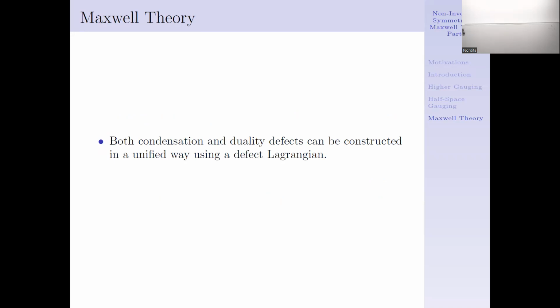And hopefully it might be useful to construct non-invertible symmetries even in the case where the defects cannot be obtained by higher gauging or half space gauging. But so far we have only used Maxwell theory as a toy example. Thank you.